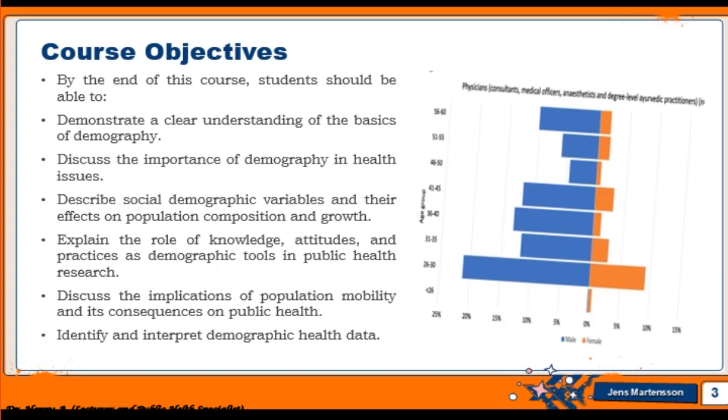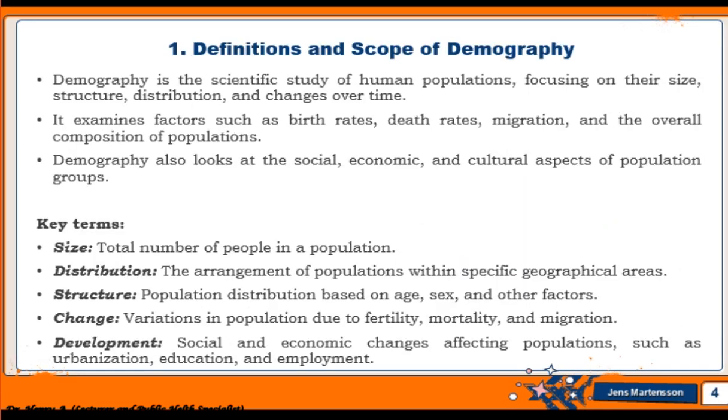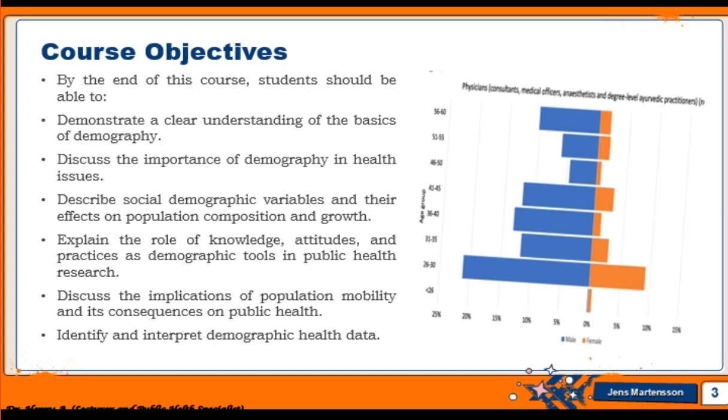What is the course objective for this course? By the end of this course, you should be able to demonstrate a clear understanding of the basics of demography. You should be able to discuss the importance of demography in health issues. You should also be able to describe social demographic variables and their effects on population composition and growth.